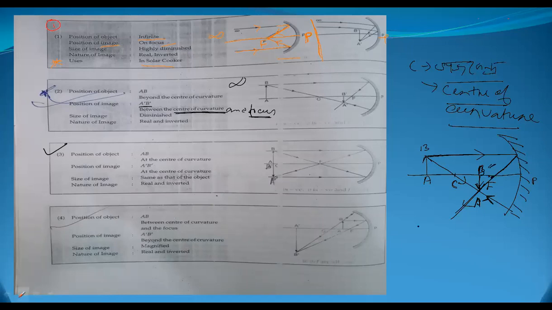Now see the next one, position of the object AB at the center of curvature. Now if the position of the object is at the center, see this one, this is the center of curvature.